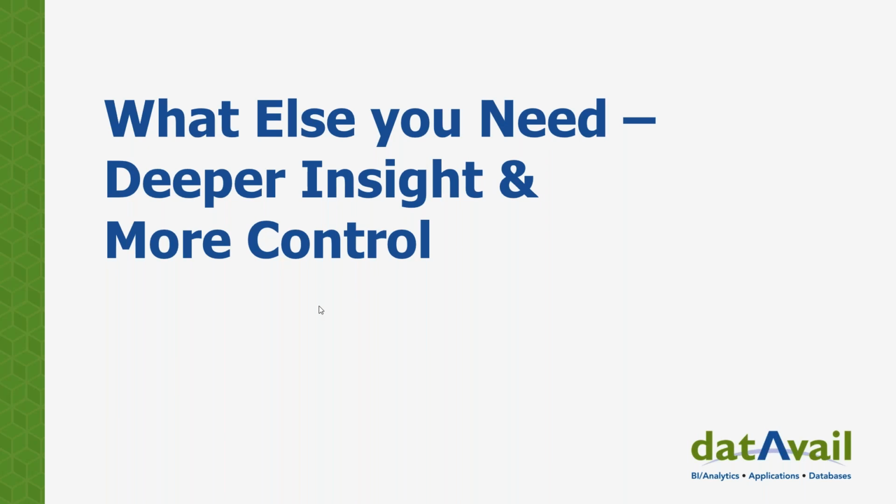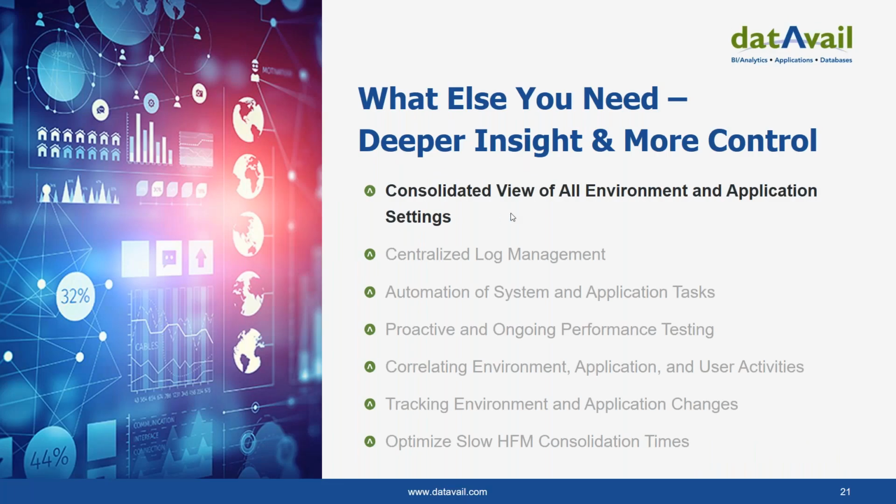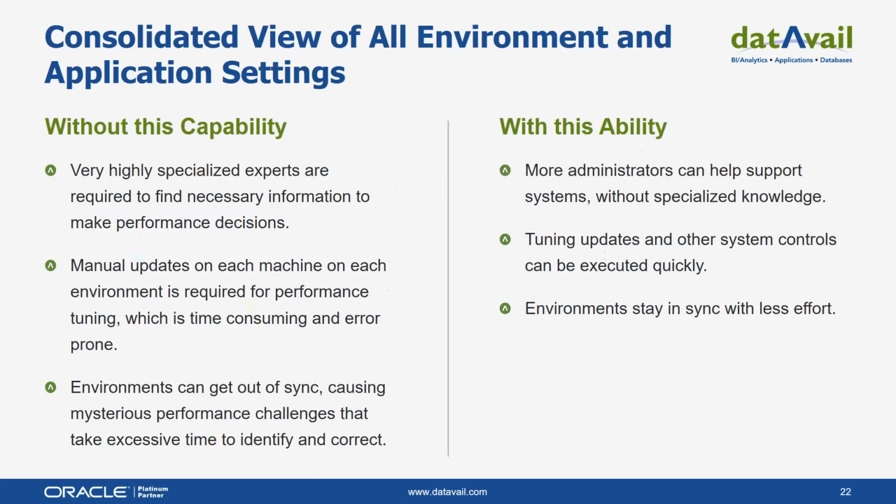So what else do you need? You need deeper insight and you need more control into all these moving parts, right, to help the teams work together more efficiently and effectively. So the first thing you need is a consolidated view of all the environment and application settings. Without the ability to have everything in one place to see, you have to have very highly specialized experts to find this information to make performance decisions.